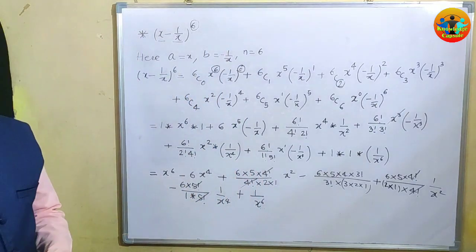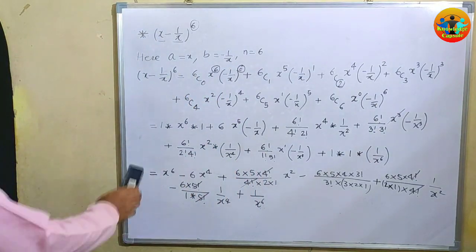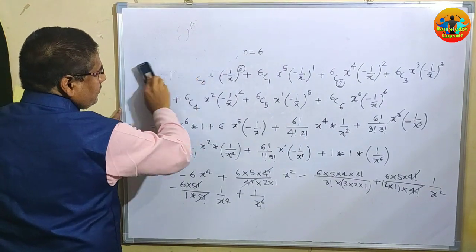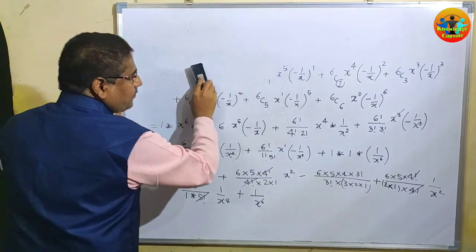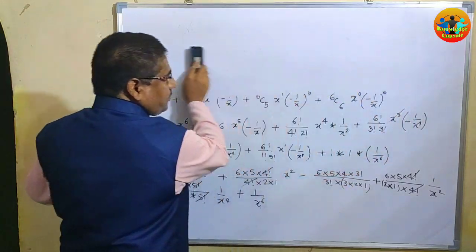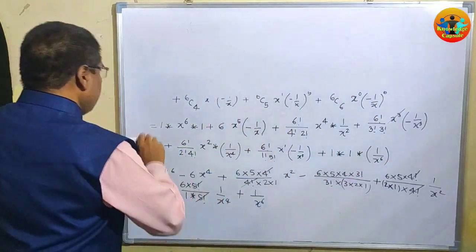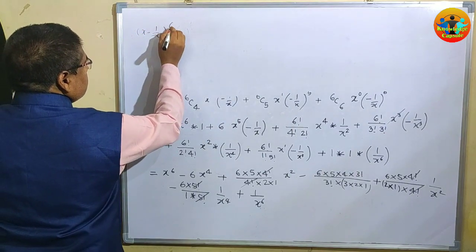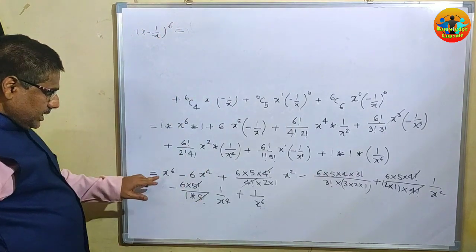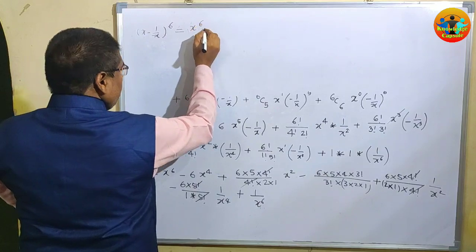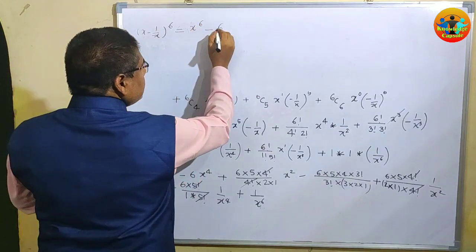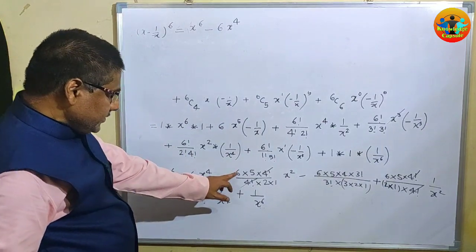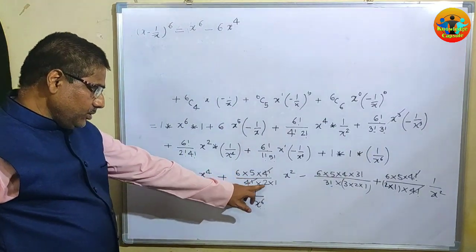The final answer will be x minus 1 by x whole raised to 6 is equal to x raised to 6 minus 6x raised to 4 plus 6 5s are 30 upon 2.